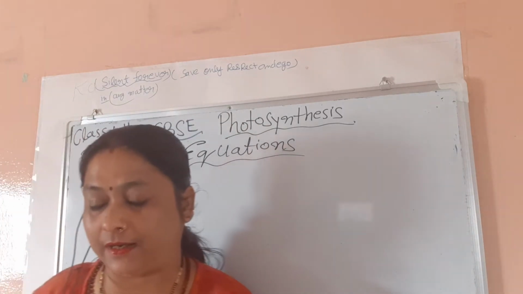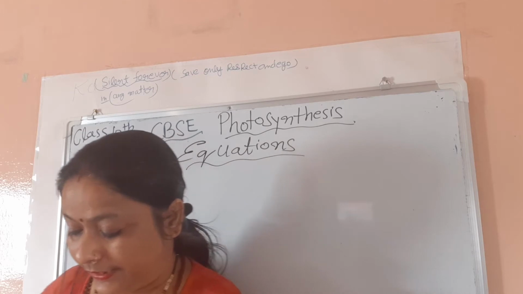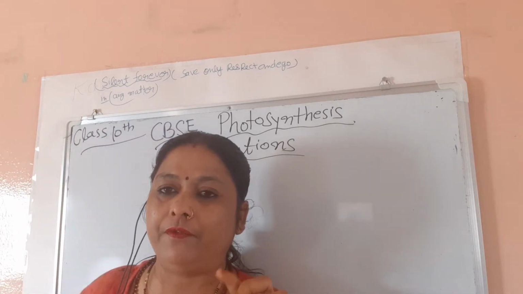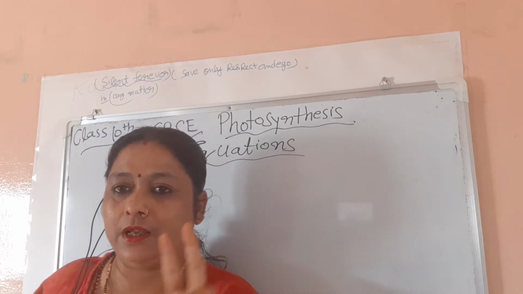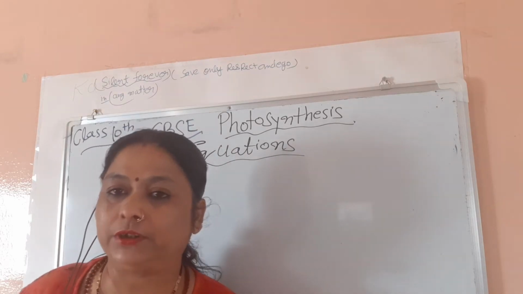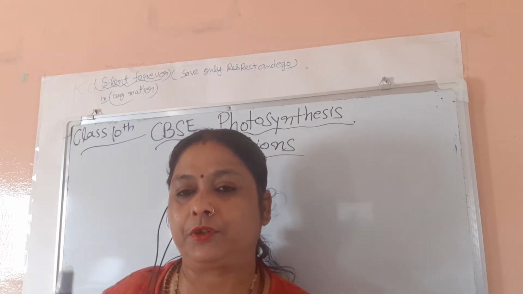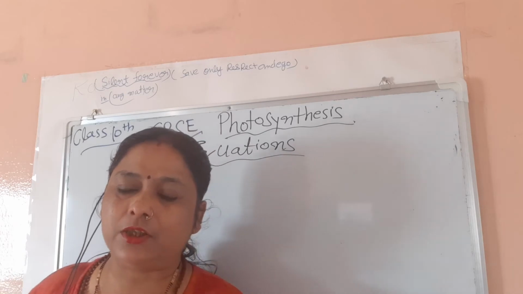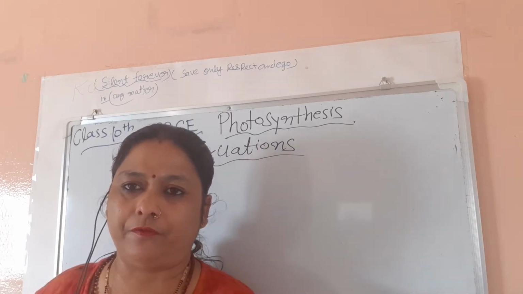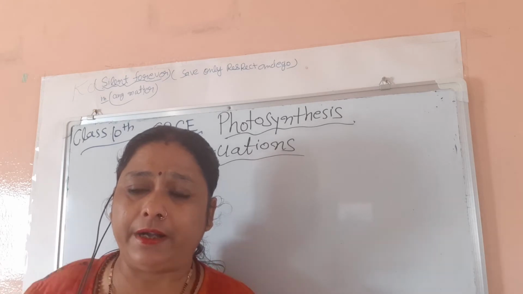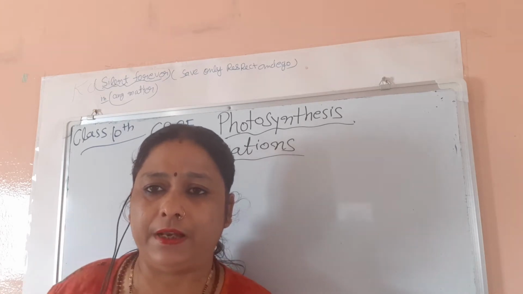So let's start. Photosynthesis equation. The photosynthesis equation involves two reactants, carbon dioxide and water. Carbon dioxide and water react together in the presence of sunlight and chlorophyll. In the previous video we already discussed chlorophyll.